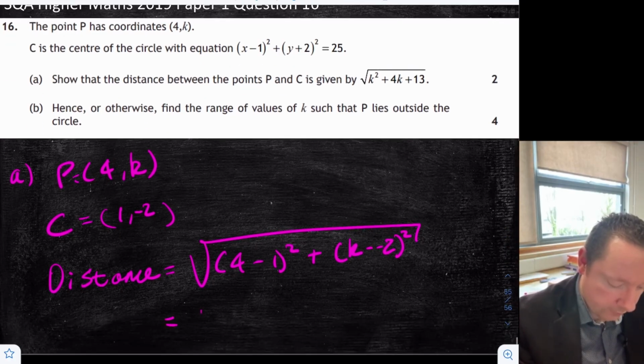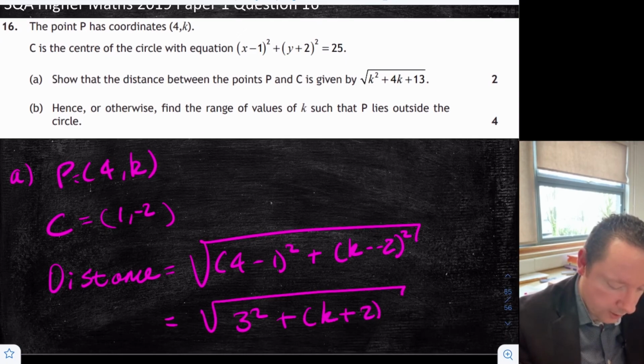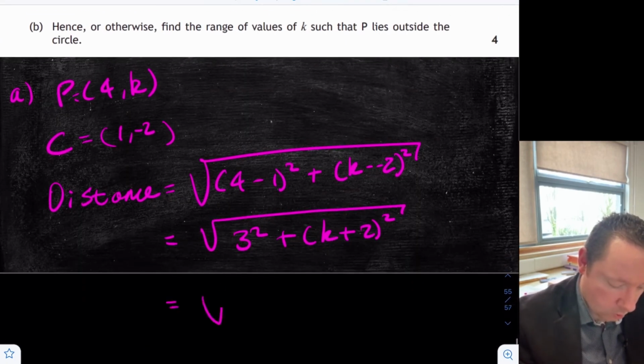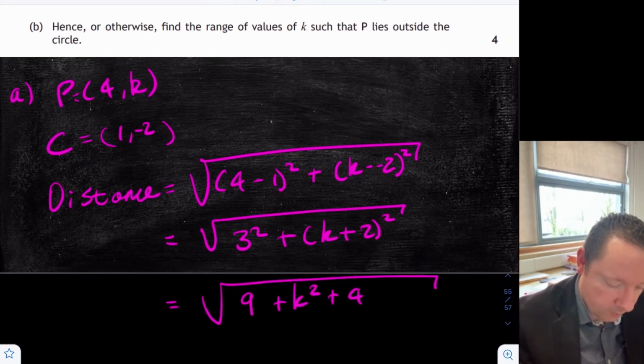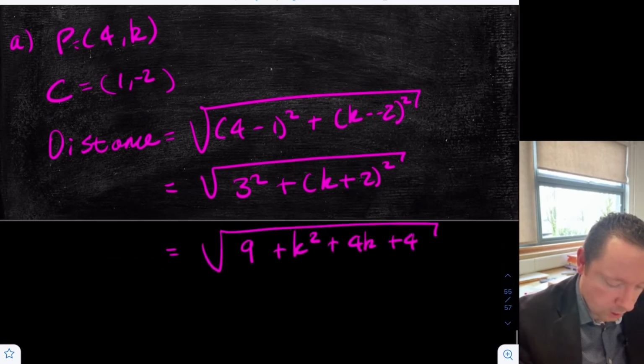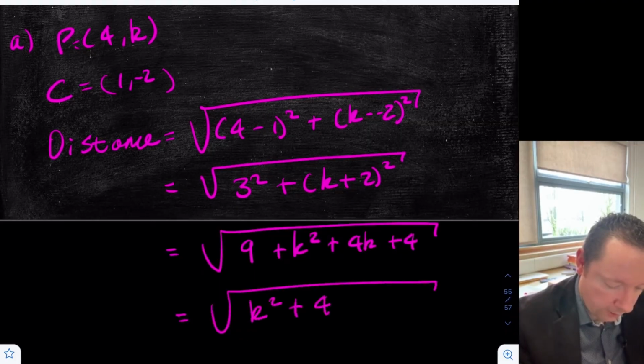Tidying that up, we get the square root of 3 squared plus k plus 2 squared. That equals the square root of 9 plus k squared plus 4k plus 4. Which equals the square root of k squared plus 4k plus 13 as required.